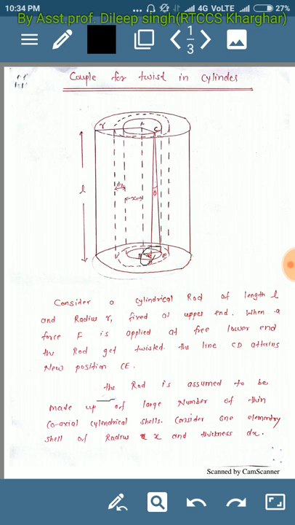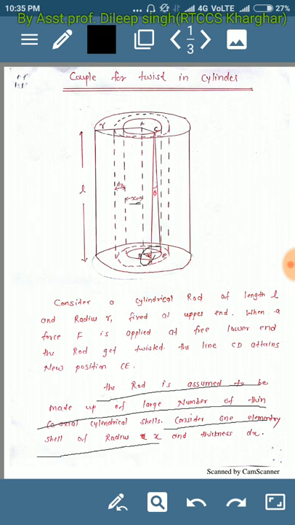Now we have to do the derivation, so we can assume that this rod is made up of a large number of thin coaxial cells. This is the concept. From those many coaxial cells, we consider one elementary cell of radius x.